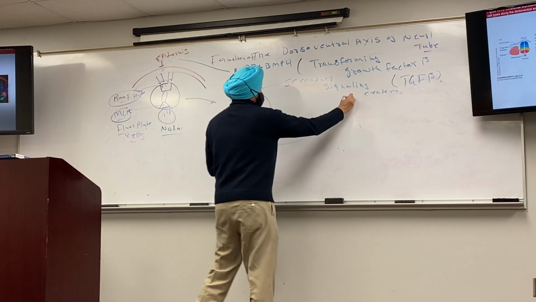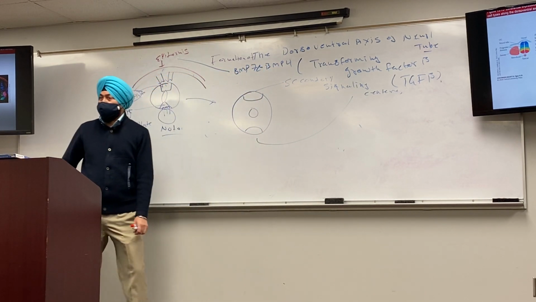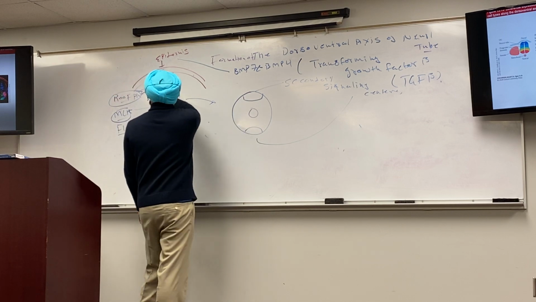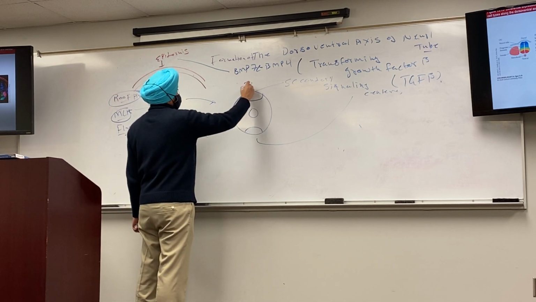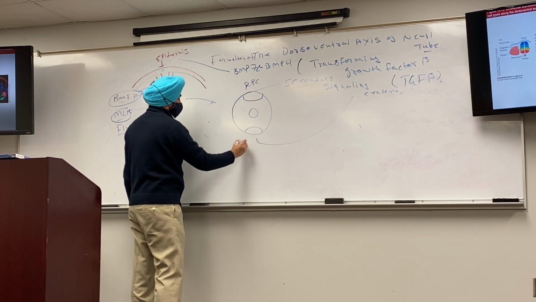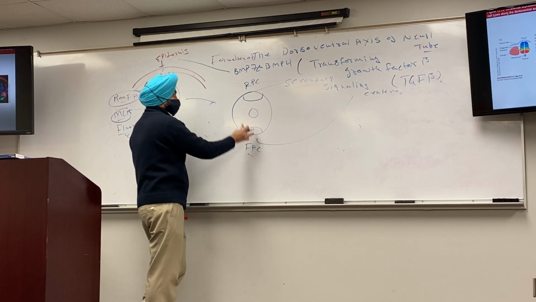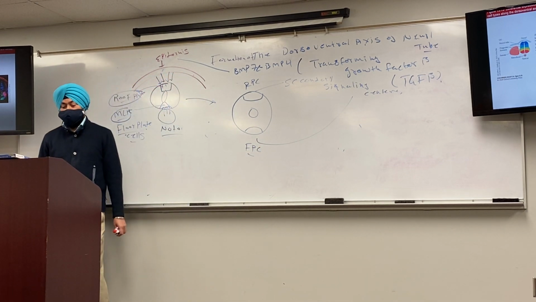So these two are now new secondary signaling centers. So you have your roof plate cells, I'm just writing RPC, and your floor plate cells. They become secondary signaling centers.